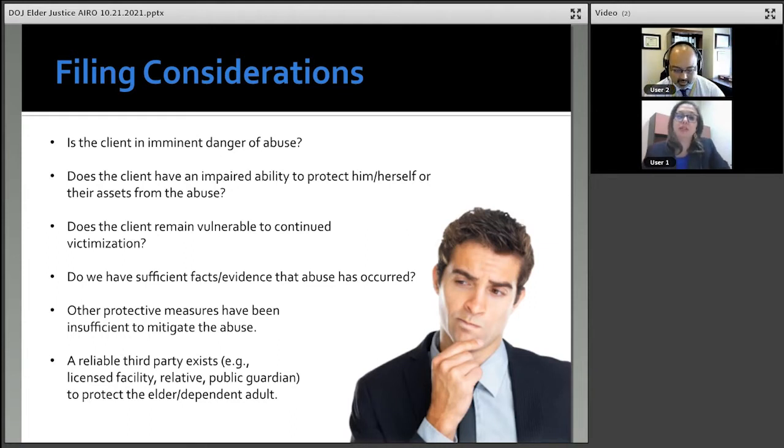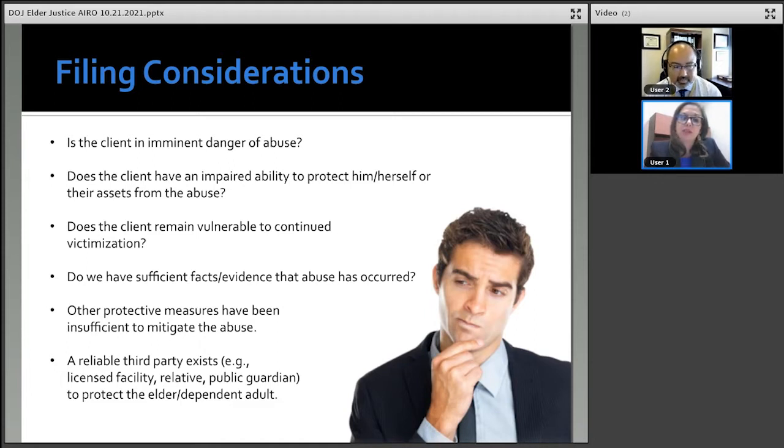Okay, so when you are considering whether the AIRO is appropriate, there are a couple of things we recommend. The first question for APS is: is the client in imminent danger of abuse? When we can say yes to that question, that's when we know we have to intervene in some way. The second question is: does the client have an impaired ability to protect him or herself or their assets from the abuse or exploitation?